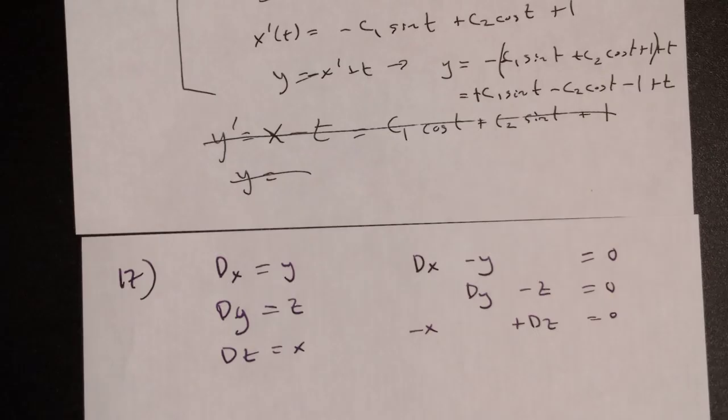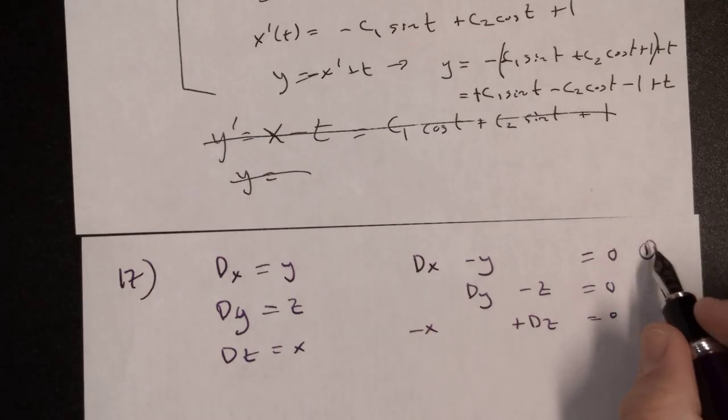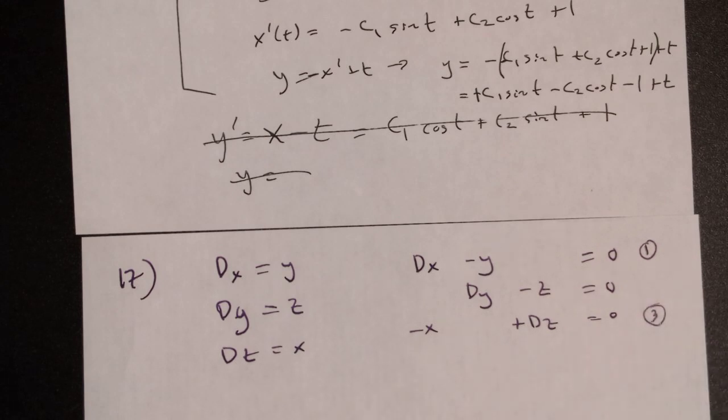So I look at this and I go, this sucks. But equations 1 and 3 contain all 3 variables put together. There's an x and a y in 1, there's an x and a z in 3, but there's only a y and a z in 2. So what if I took 1 and 3 and got rid of the x?